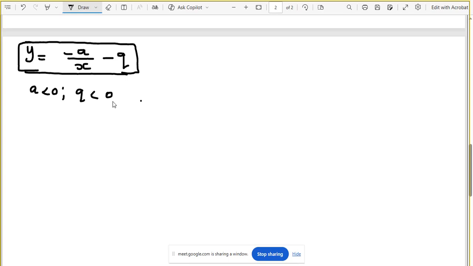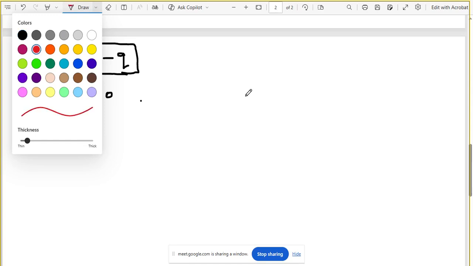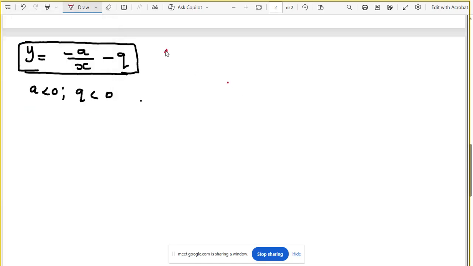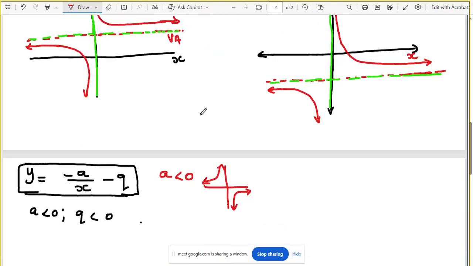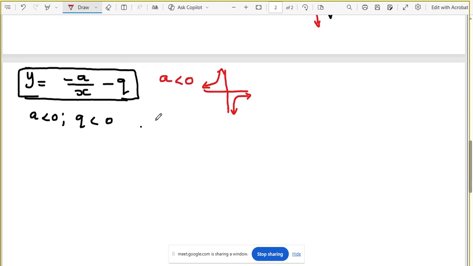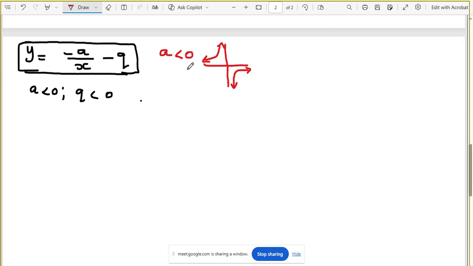Now what I need you to note is that if the value of a is less than 0, your graph will be in quadrant 2 and 4. Remember, at first, if a was positive, it was in quadrant 1 and 3. But if a is less than 0, the graph becomes quadrant 2 and 4.